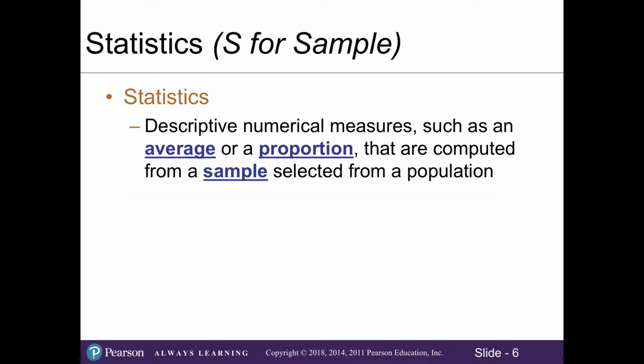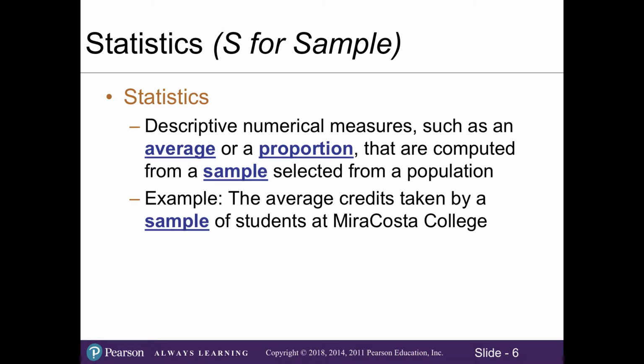Now we have statistics, which is S for sample. When we talk about samples, we can also calculate statistics, again in terms of averages or proportions, but now they're computed specifically from a sample selected from a population. So an example would be the average credits taken by a sample of students at MiraCosta College.